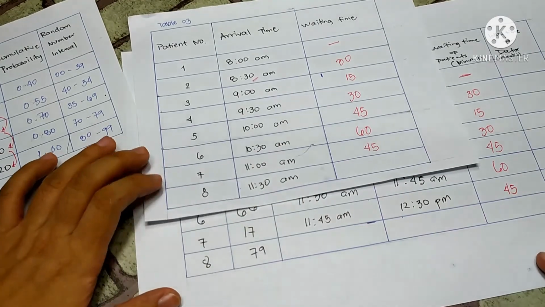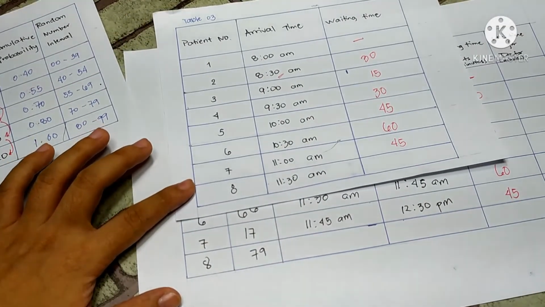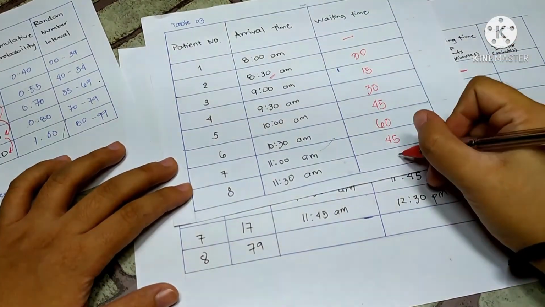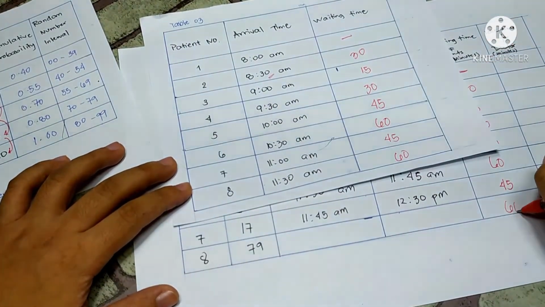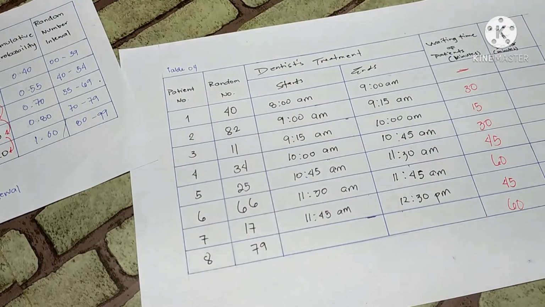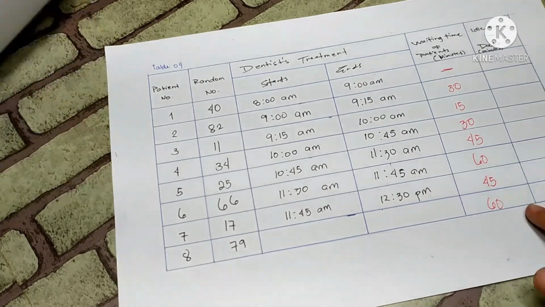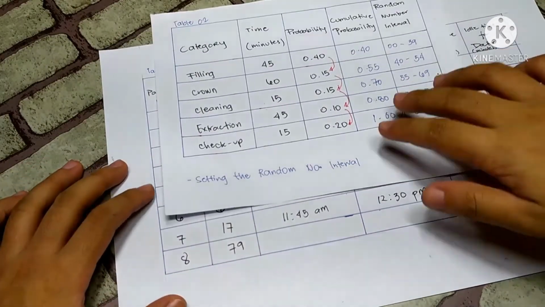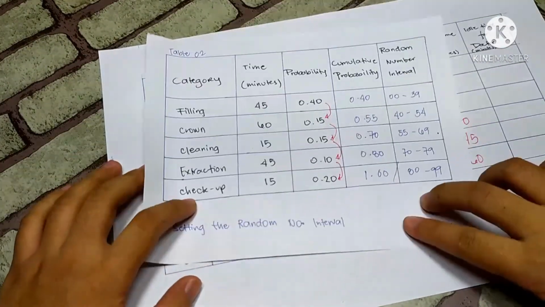Then, lastly, si patient number 8, arrival time niya at 11:30 a.m. And then, natapos si patient number 7 at 12:30 p.m. So, exactly 1 hour or 60 minutes ang waiting time niya. Si patient number 8 ay may random number 79.